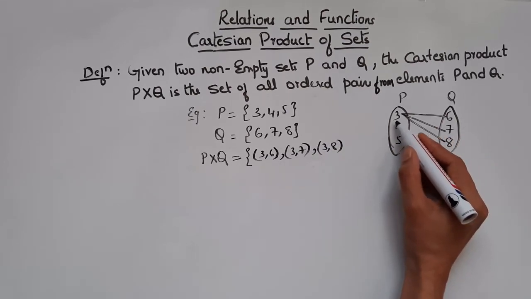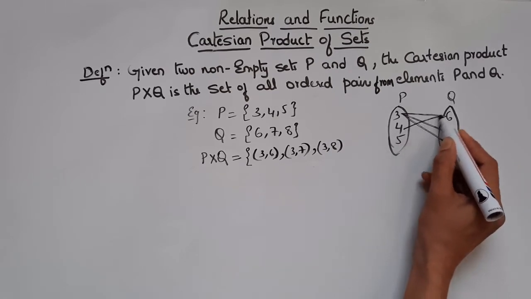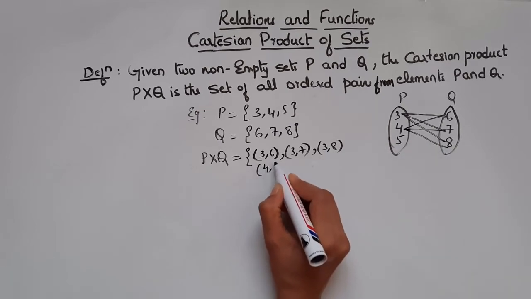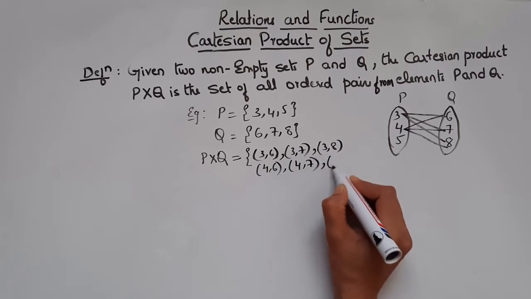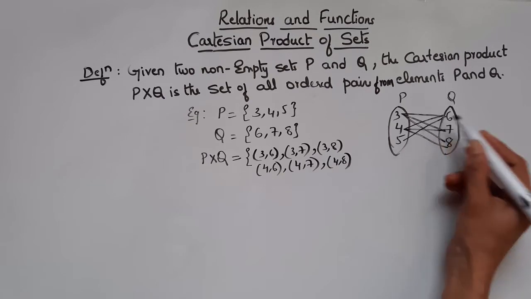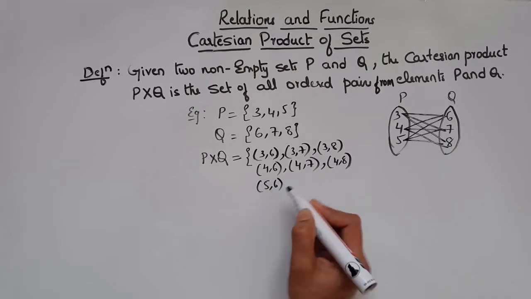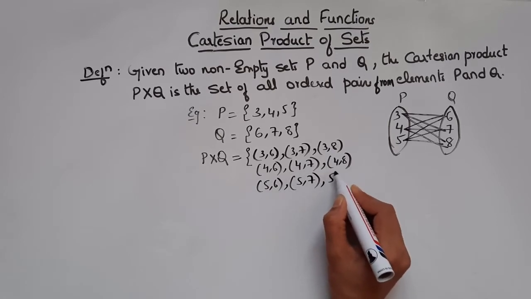And next we will take element 4 and pair it with all the elements of Q. So that is 4, 6, 4, 7, 4, 8. And next we have 5, so 5, 6, 5, 7, 5, 8.